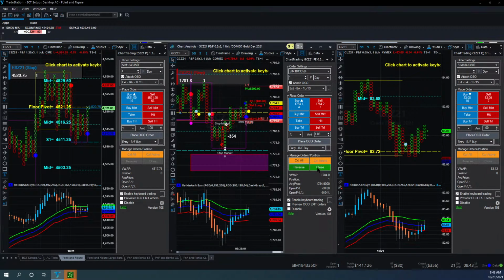Not yet. ES is drifting higher, making a reversal in the 30 minutes.